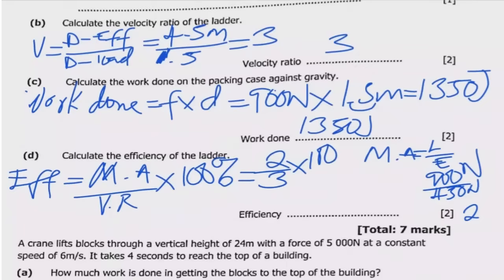When we divide 2 by 3, we get 0.666 and it continues, multiplied by 100, which gives us 66.6%. And this is the efficiency of the simple machine.